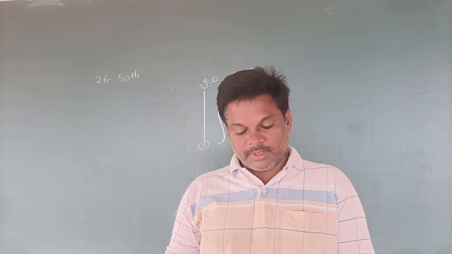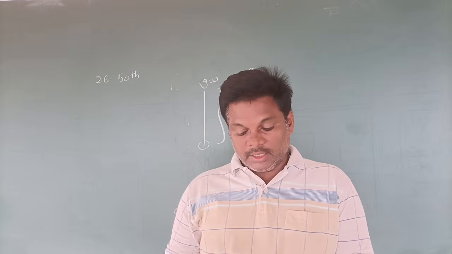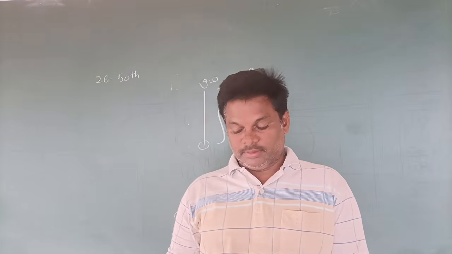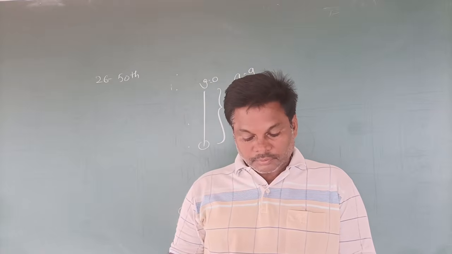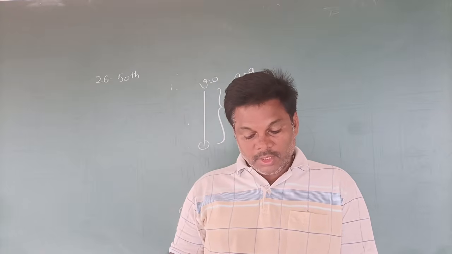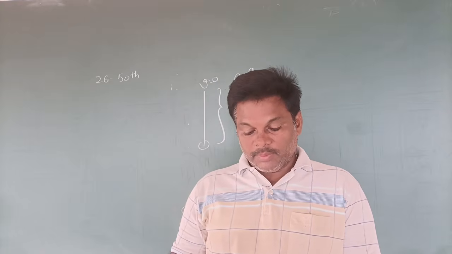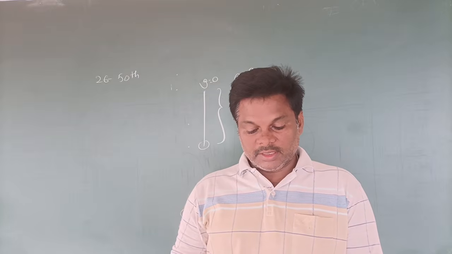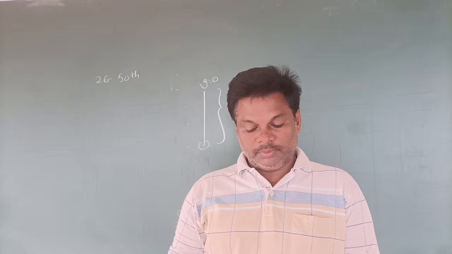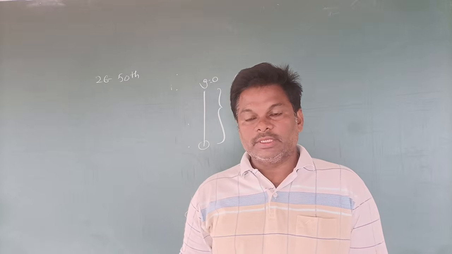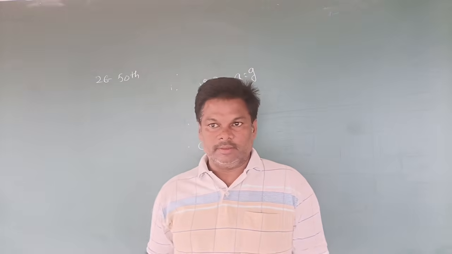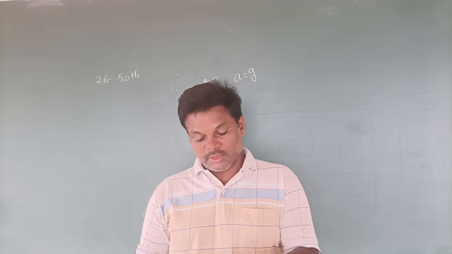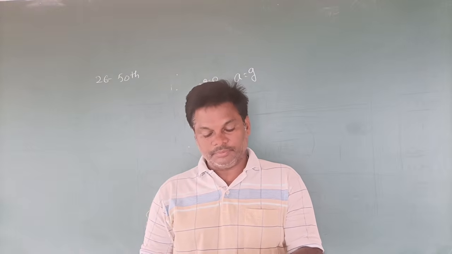Which of the following statements is true? Directly you can write: the direction of velocity of the body can change when its acceleration is constant. Next, 32: a bomb is dropped from an aeroplane moving horizontally at constant speed, when air resistance is taken into consideration. The bomb falls behind the aeroplane. That is option B. So these are the theory questions, including 33.